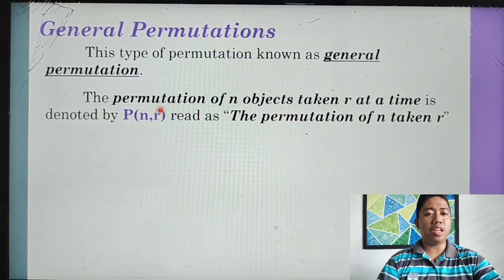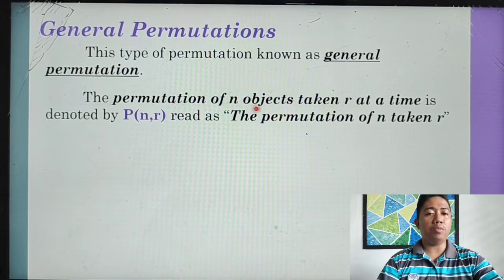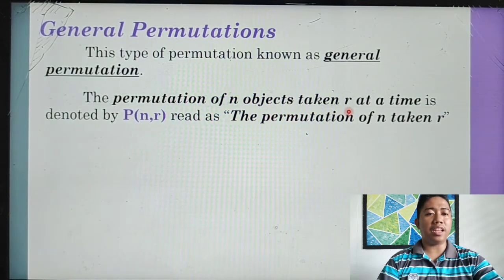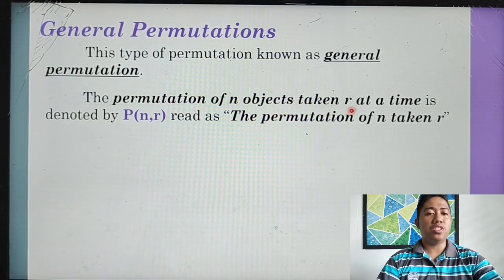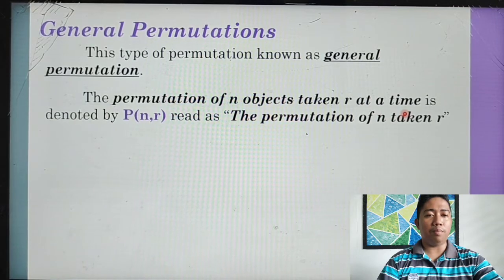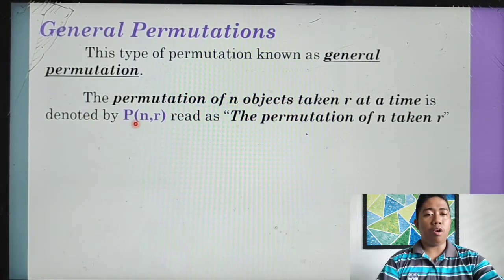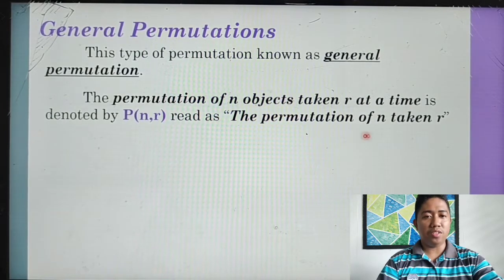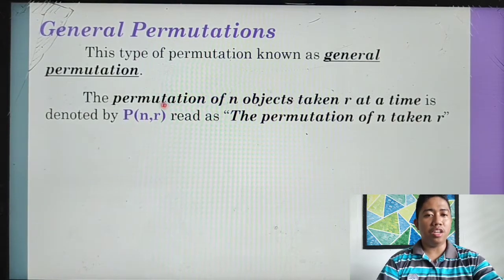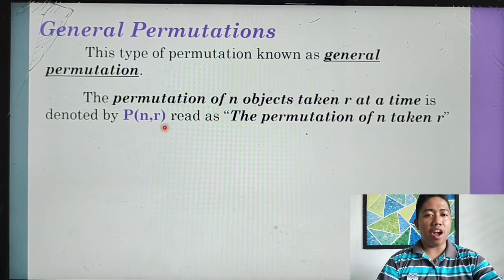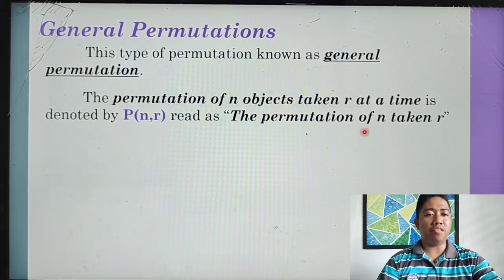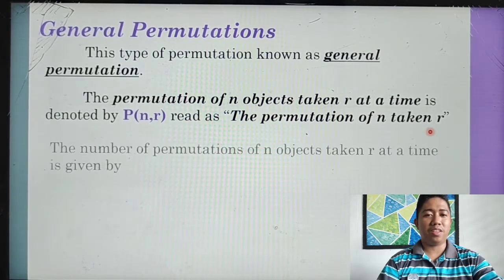Meaning to say, the permutation of the whole set of objects taken at a selected number of objects at the same time. It is denoted by P open parenthesis n comma R close parenthesis, read as the permutation of n taken R.